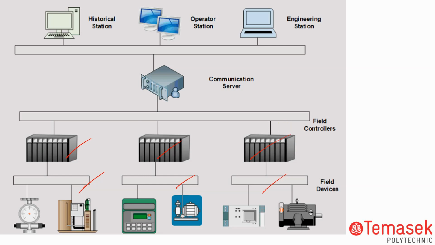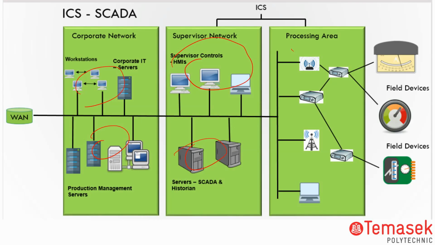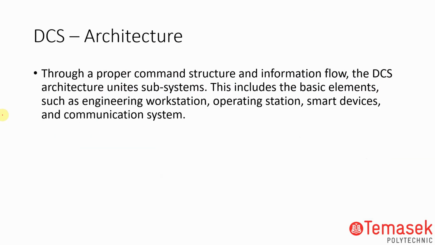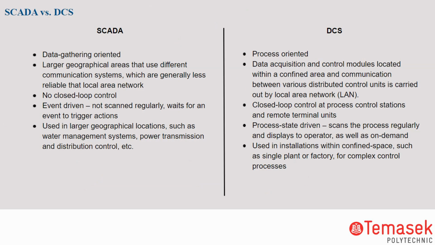Then you may say, how much different is this from SCADA? SCADA is over, remember the key part, a big area. This is typically within a big factory, a huge factory. If you really think about it, SCADA is a data gathering system. DCS is a process-oriented system.